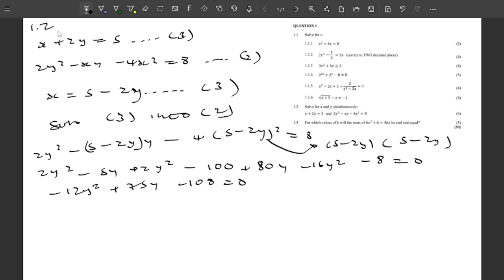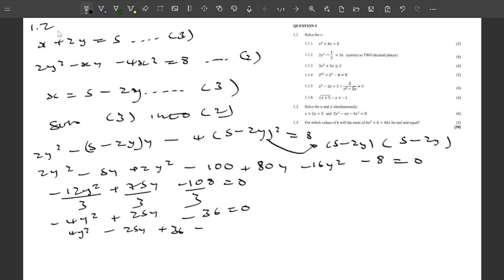Now you can divide by 3, and we would have minus 4y squared plus 25y minus 36. Then we also have to multiply everything by a negative, which gives 4y squared minus 25y plus 36.